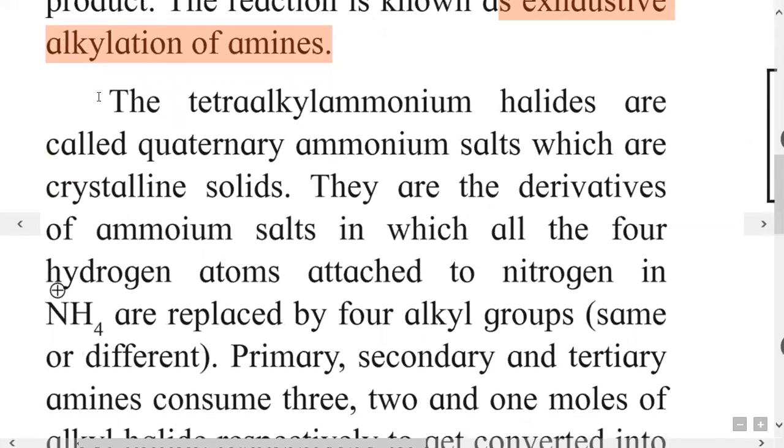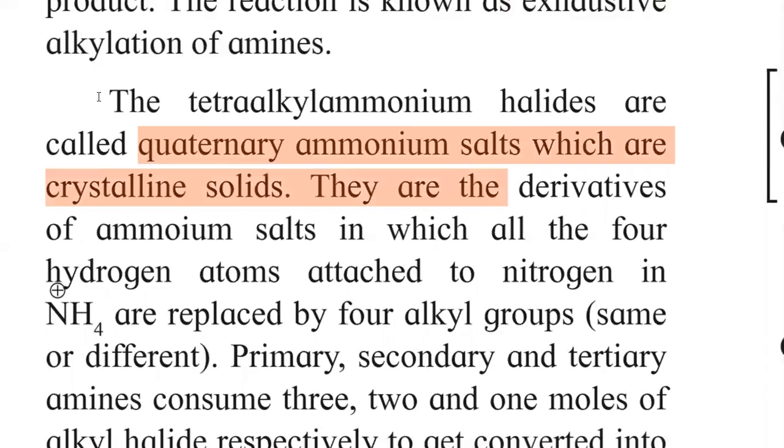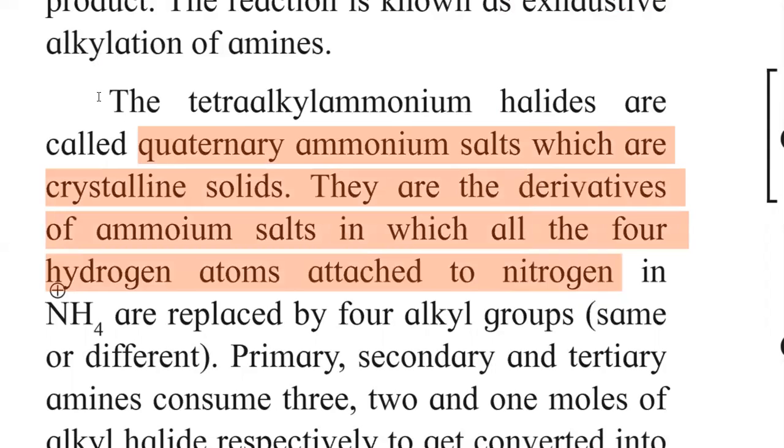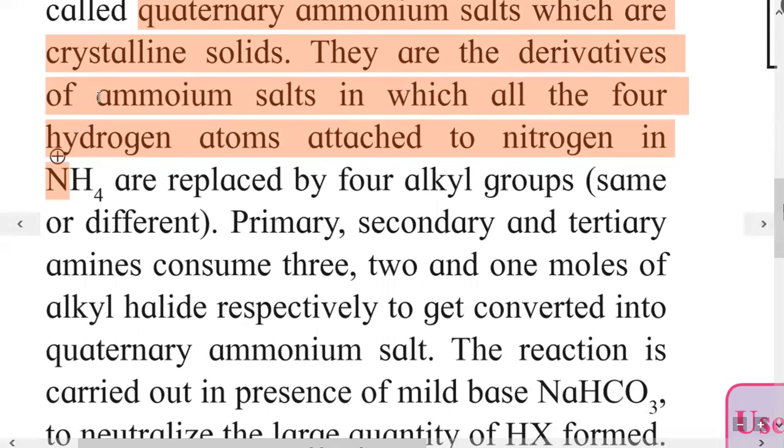Here the tetraalkyl ammonium halides are also called quaternary ammonium salts, which are crystalline solids. They are the derivatives of ammonium salt in which all four hydrogen atoms attached to the nitrogen in NH4+ are replaced by four alkyl groups. These alkyl groups may be same or different.